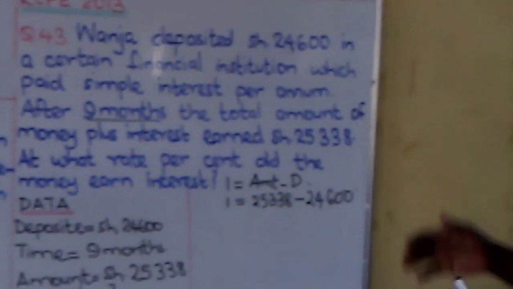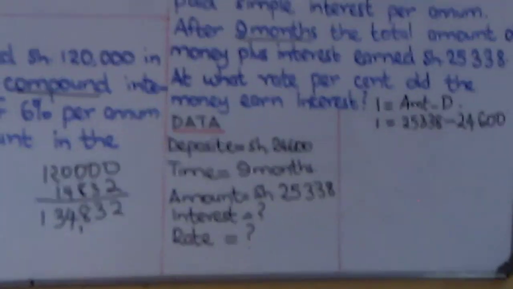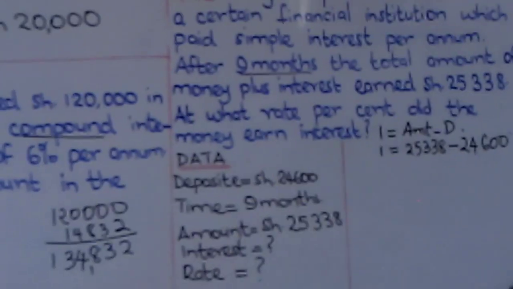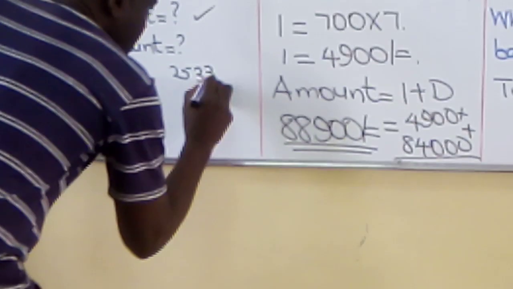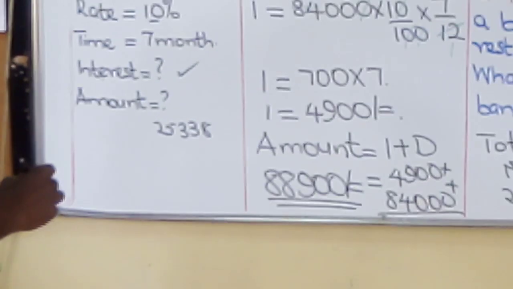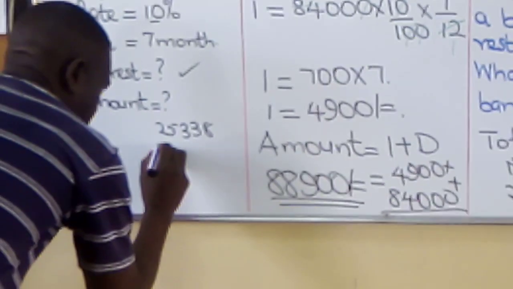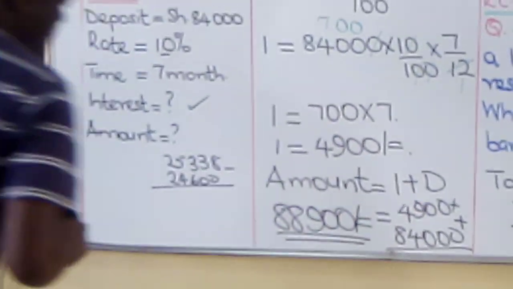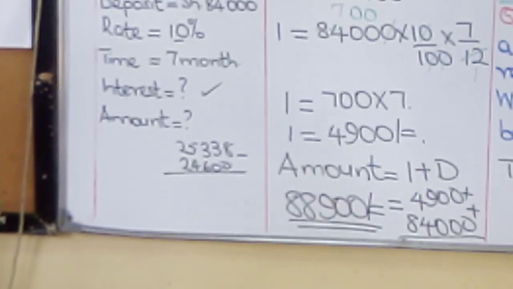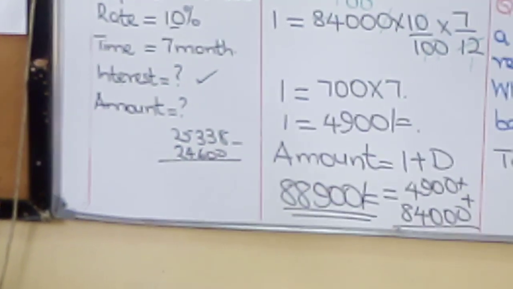I hope you are understanding and following. Let's look at the difference here: 25,338 subtract 24,600. Let us subtract, boys and girls.